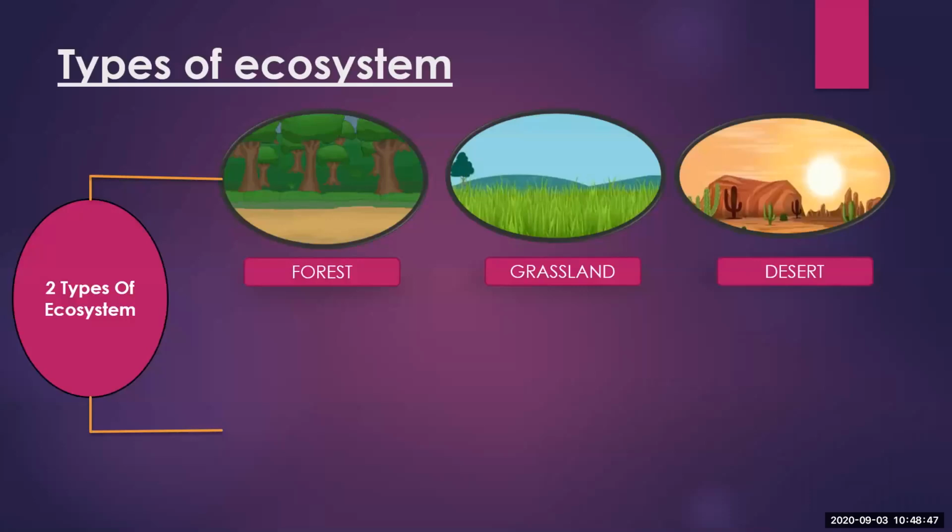Fish, sea, also the fresh water, marine water are natural ecosystems. On land, forest is a terrestrial ecosystem as they form on land.